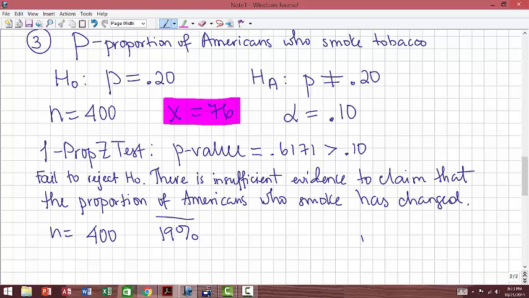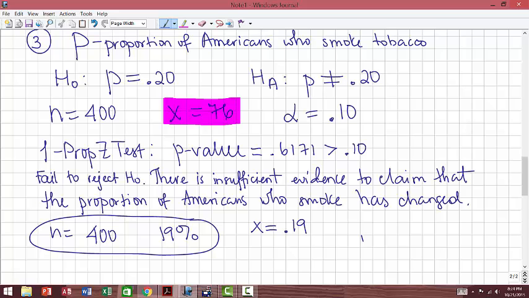Sometimes your problems will look like this. What I see happen very often is people plug in 0.19 for x in the calculator and try to conduct hypothesis testing. If you do this, you will get an error on your calculator, because x has to be a whole number. This is the number of individuals, so it needs to be an integer.